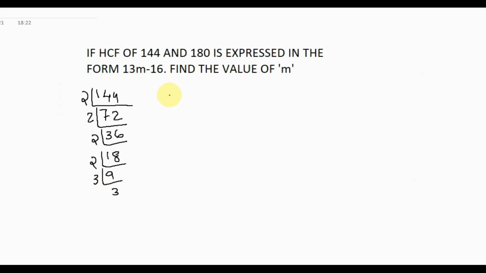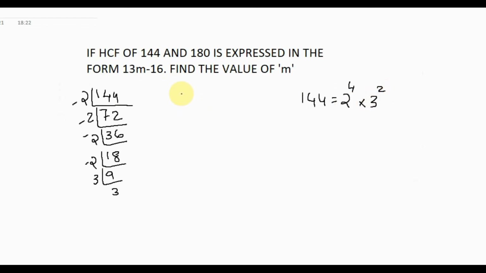So, we can get 144 is equal to 2 to the power of 4 into 3 to the power of 2, 3 square.